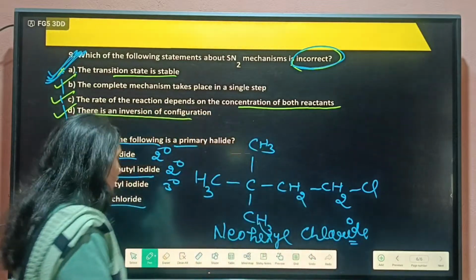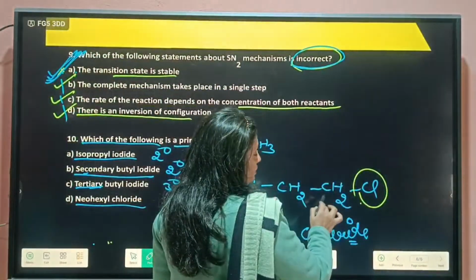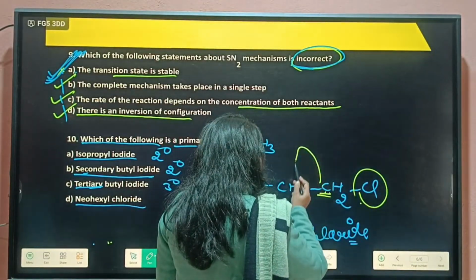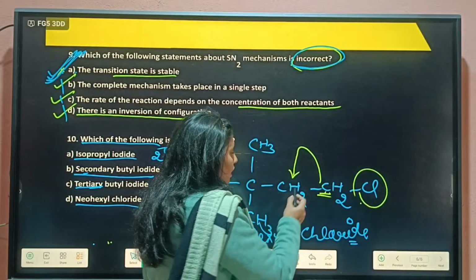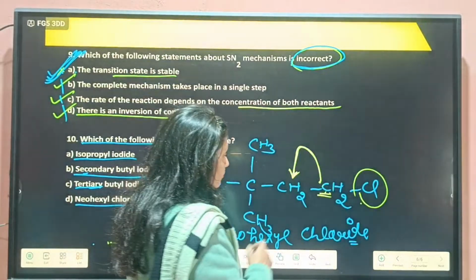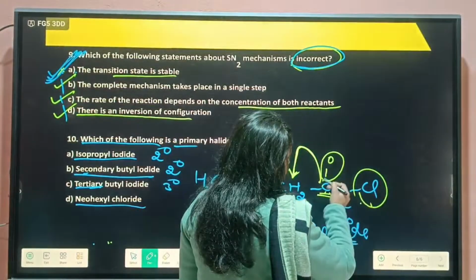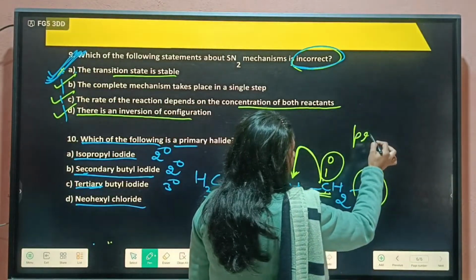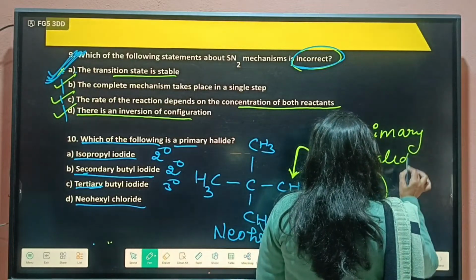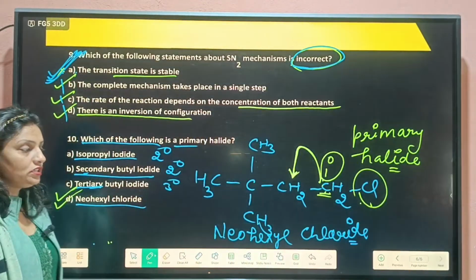Students, here the halogen is attached to which carbon? This halogen is attached to this one carbon, and this carbon is attached to only one other carbon. So this carbon is the primary carbon, and the halogen is attached to it, so this is the primary halide. D will be the right option for this question.